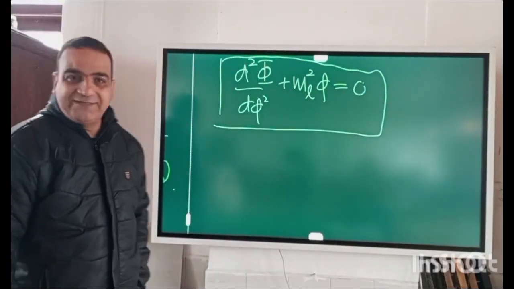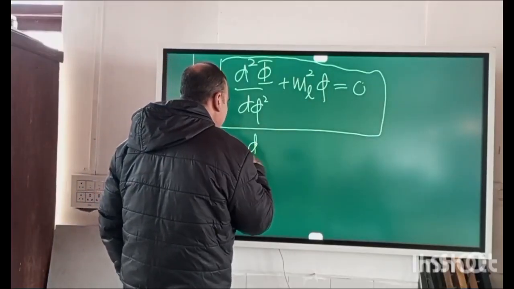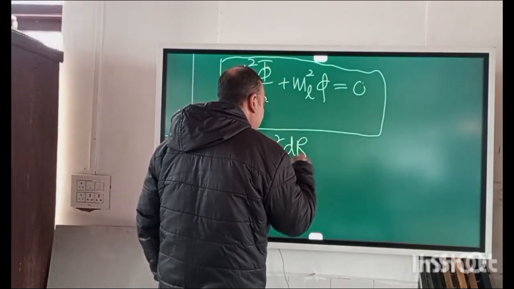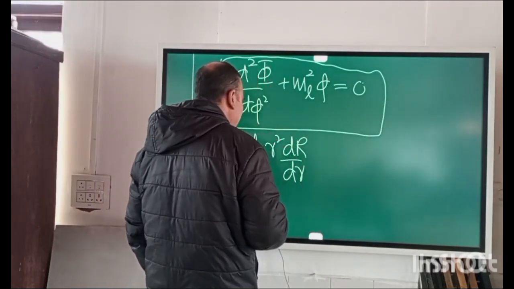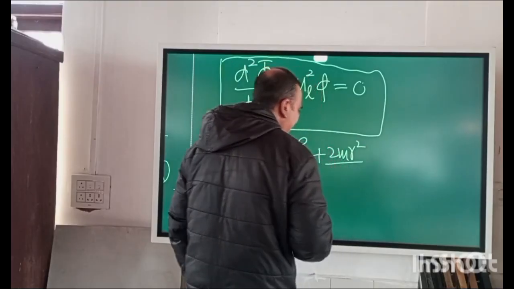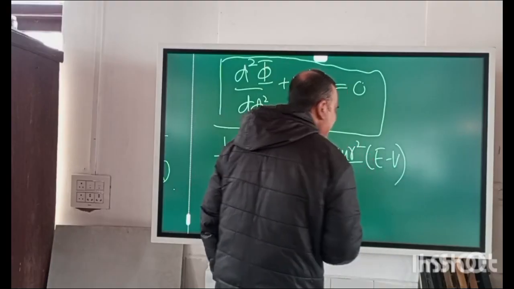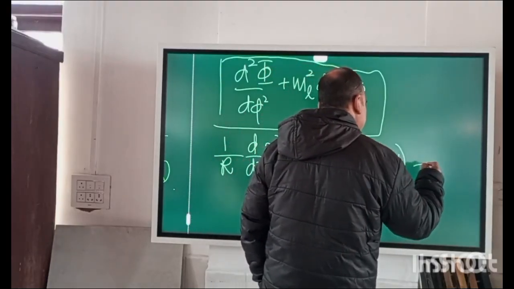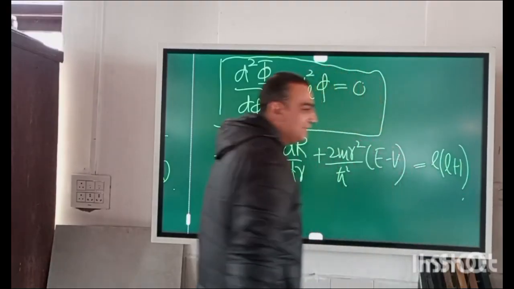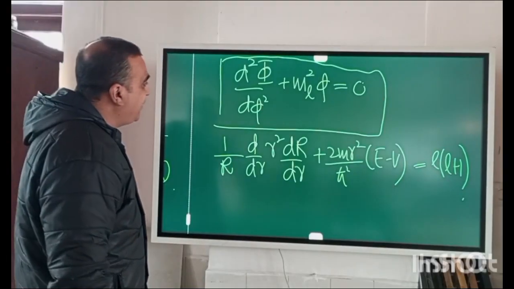The second equation is 1/r² d/dr of (r² dR/dr), then plus 2m r²/ħ² (E − V) is equal to L(L+1). Okay, right? Fine? Clear?